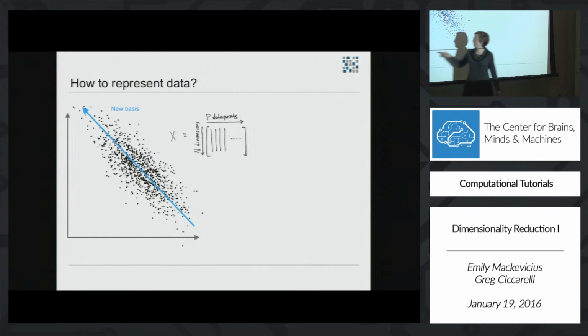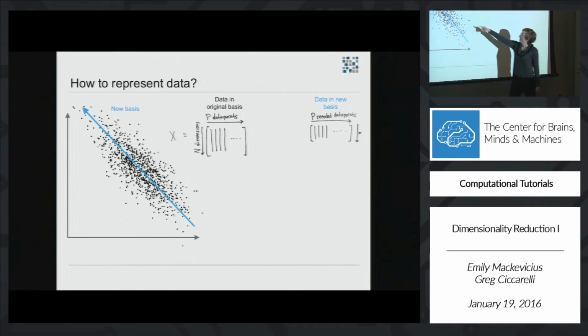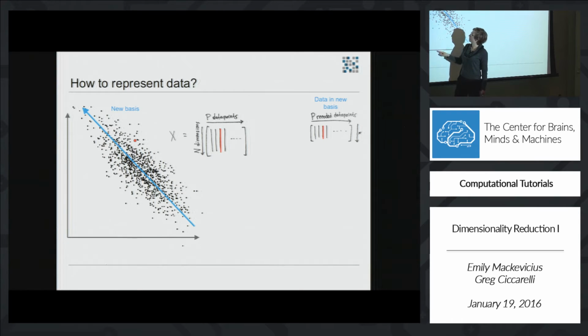We can call this one basis for the data, the original basis I recorded it in, and then this is a new basis, which you can think of as just taking the original basis, rotating it, and then forgetting one of the dimensions. Now I can represent each data point either as these 2 numbers in the original basis, or as one number, which is just its position along this blue line.